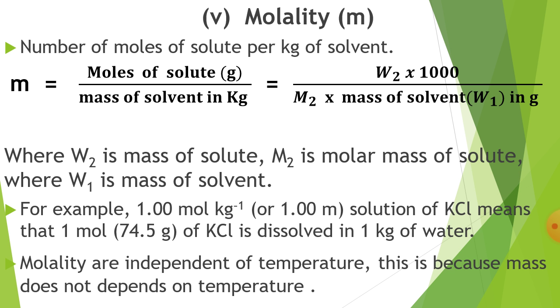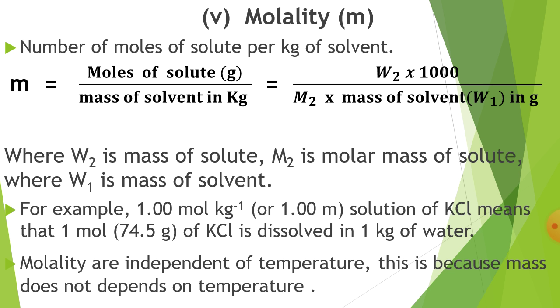Here, for example, 1.00 mole per kg is the unit of molality, or a 1.00 small m solution of KCl is written. This means that 1 mole, the weight of KCl is 74.5 gram, of KCl is dissolved in 1 kg of water.